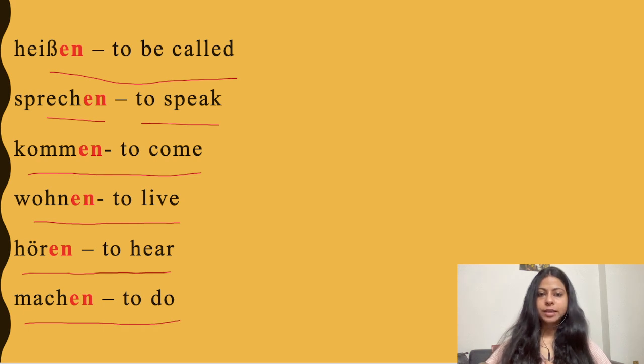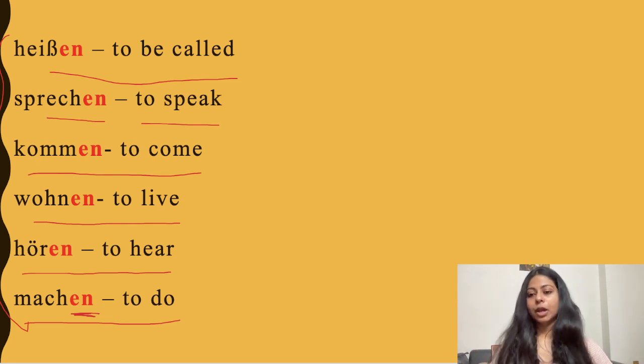And in all these verbs, you see that the ending is en, and hence it is in red color. So all of the verbs have ending en. So we either have the ending n or we have the ending en.